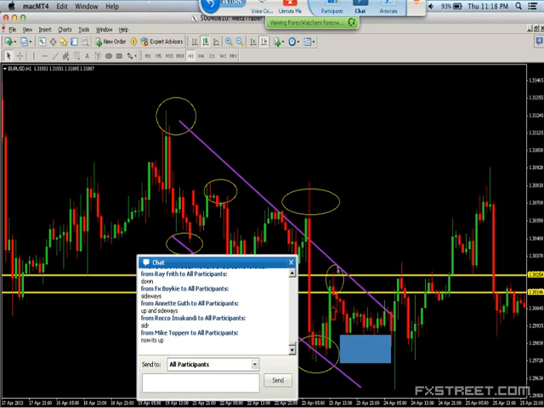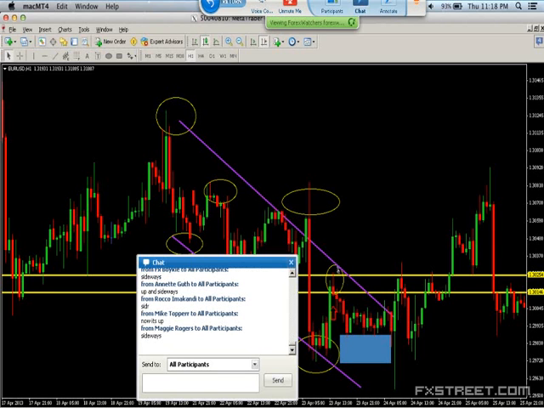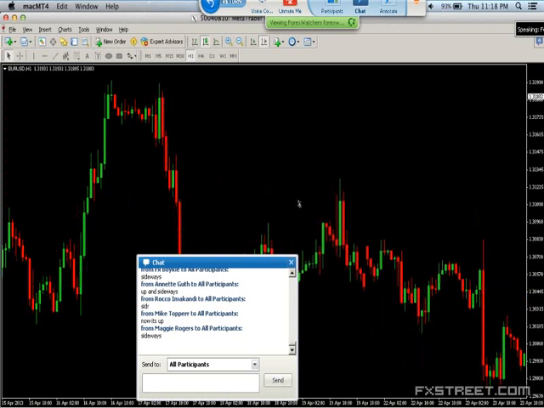Okay. Up and sideways, right? Now, when you're looking at this upwards, the only way you know it's up is when you have higher lows. That's the only way. Don't think trend line, that's why it's up. Think higher lows. Okay? That's how you know it's up.